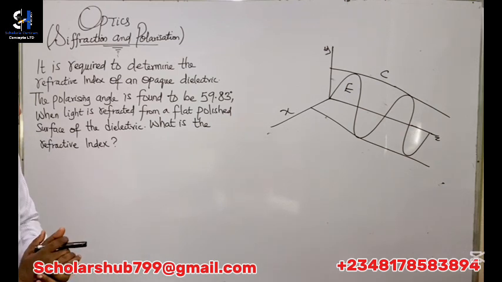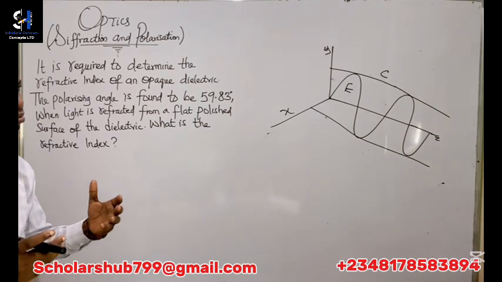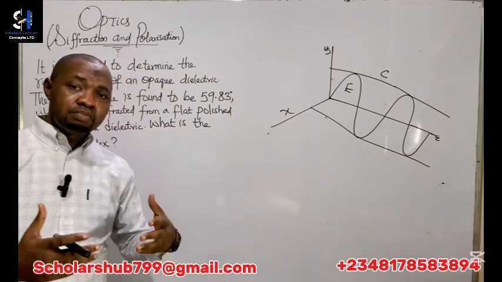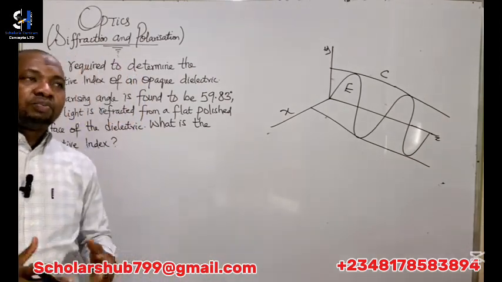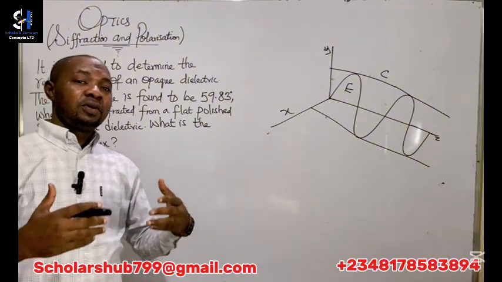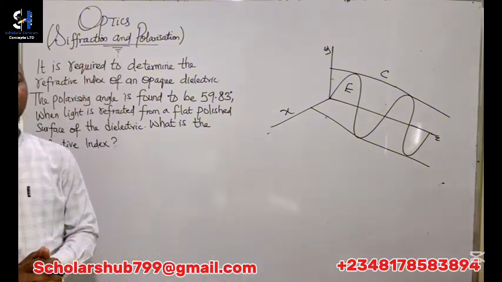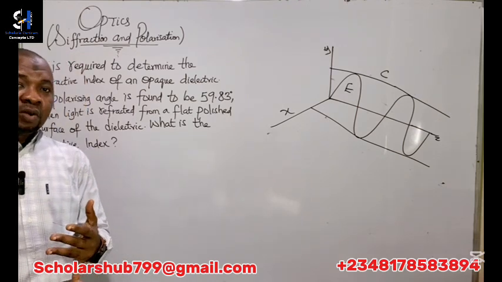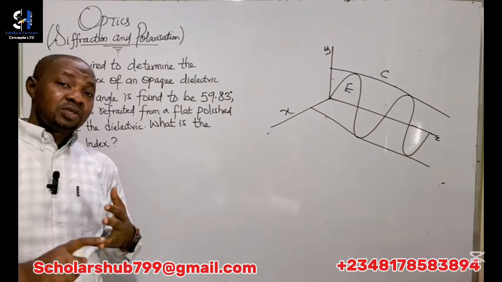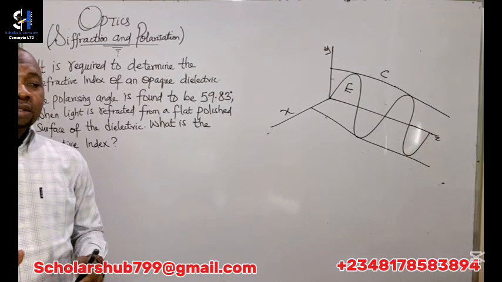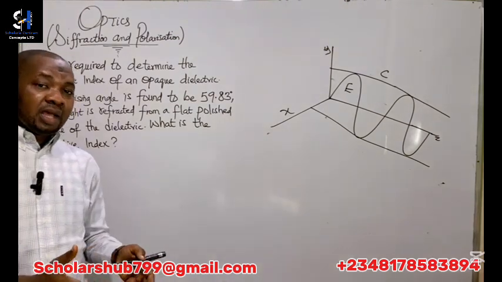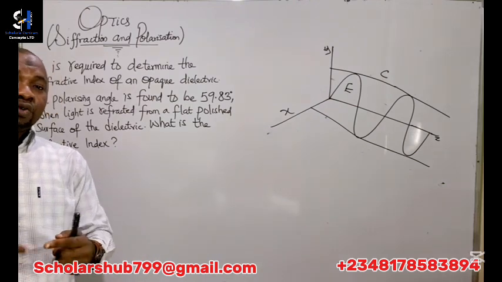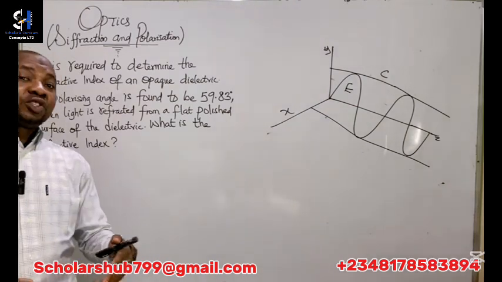Now, when we talk about unpolarized light and plane polarized light, plane polarized light is a type of polarization. We have elliptically polarized light, when the electric field vector changes with time and rotates about the direction of propagation.